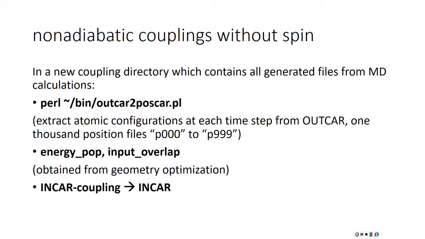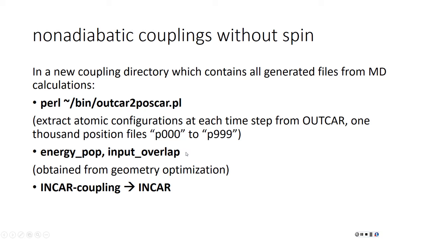After we have finished the molecular dynamics simulation, we create a new folder and transfer all of them to this new folder, and we run this perl script. Basically, from the outcome, we can convert the atomic configuration to a position file. Since we run molecular dynamics for 1,000 time steps, we have 1,000 position files. So by running this code, we get P000 to P999.